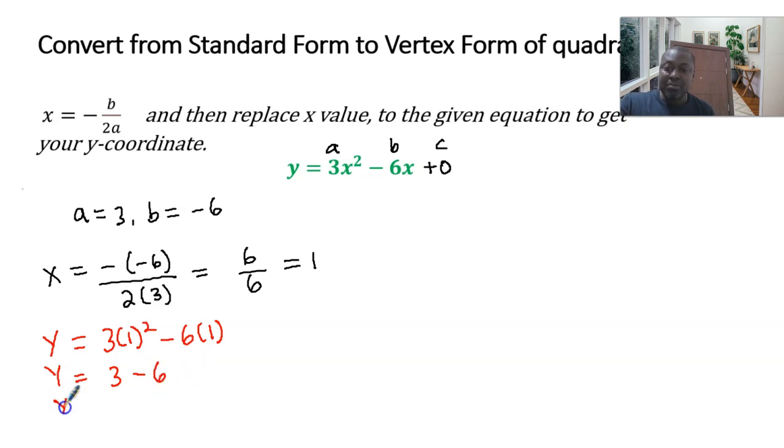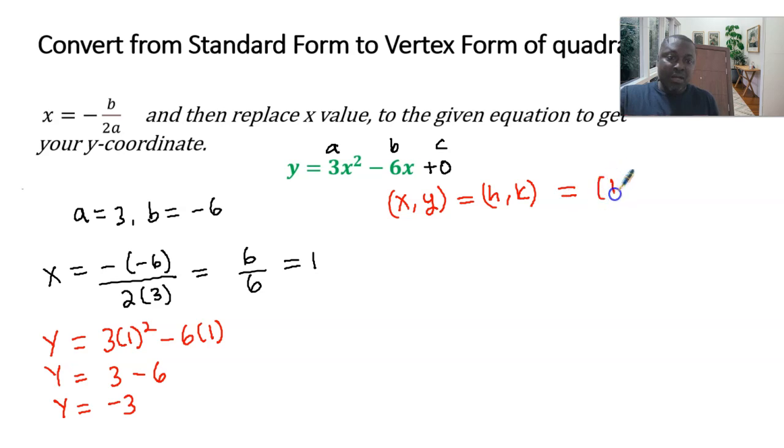And when we compute it, we will get -3. So our x and y coordinate, which is the same as the h and the k, is equal to (1, -3).